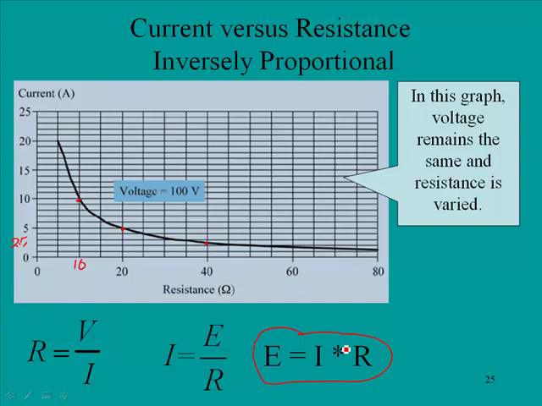We just changed the resistance, and if you'll note here, current times resistance, 10 times 10 is 100, and 20 times 5 is 100, and 40 times 2.5 is 100. So this relationship of current times resistance is also a part of Ohm's law.